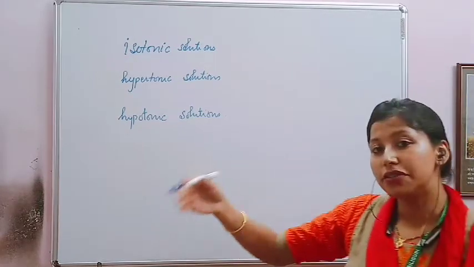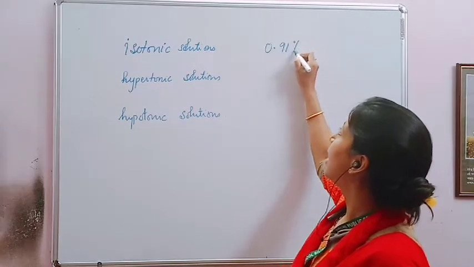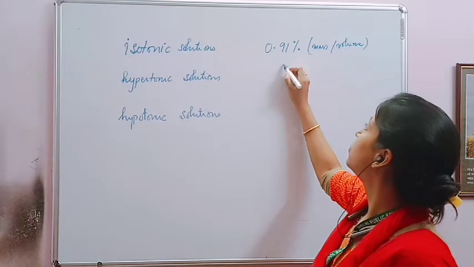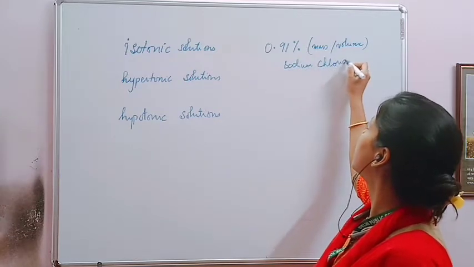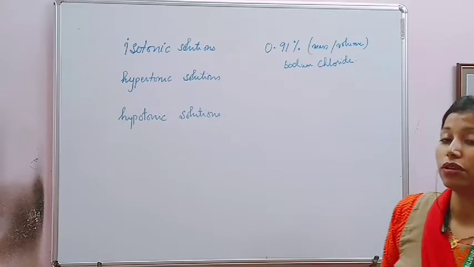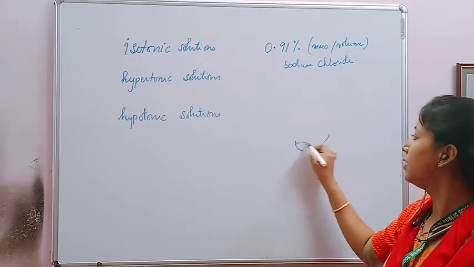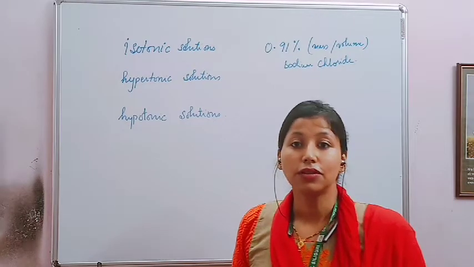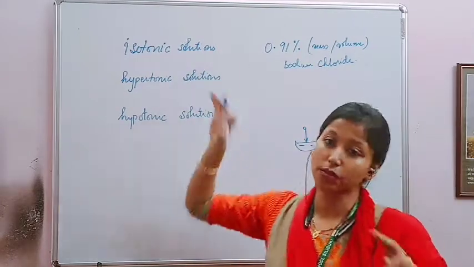Now, the fluid that is present in the red blood cells is isotonic with 0.91% mass by volume solution of sodium chloride, that is saline water. Which means if you take this solution and place the red blood cells here, the red blood cells will neither shrink nor will they swell. So this is the isotonic, same concentration.